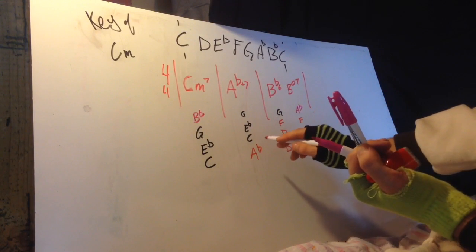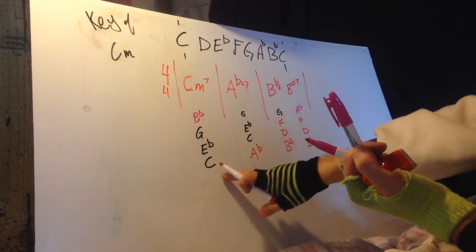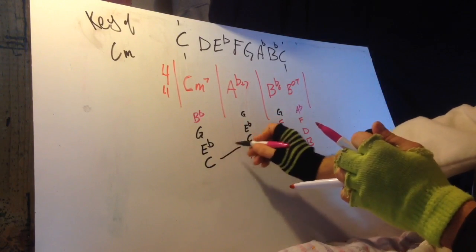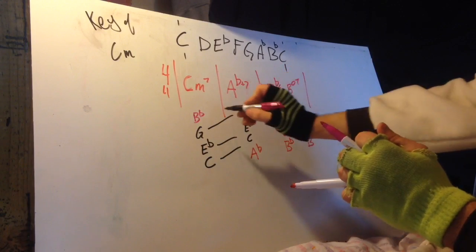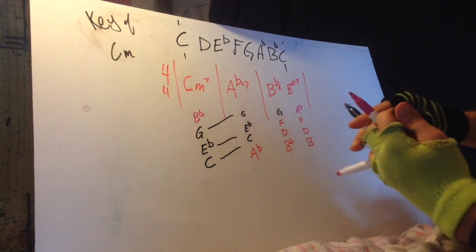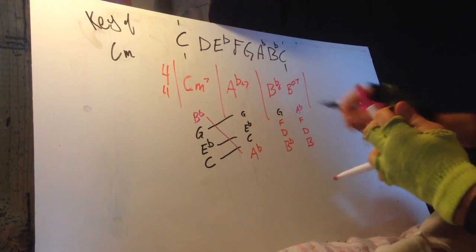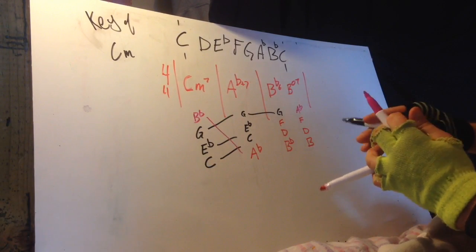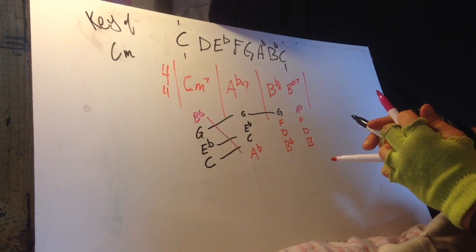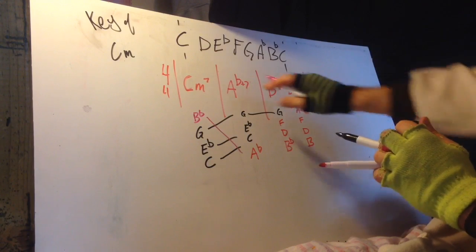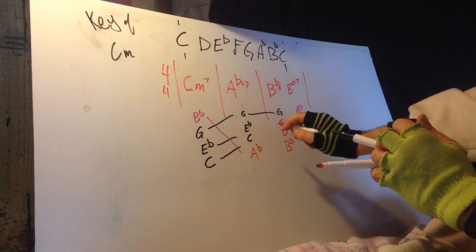The only thing that really changes is that C note, because that C stays, that E flat stays, that G stays. That thing goes up by a whole tone. Right there. That G stays. And that's why that 7 to 6 is important.